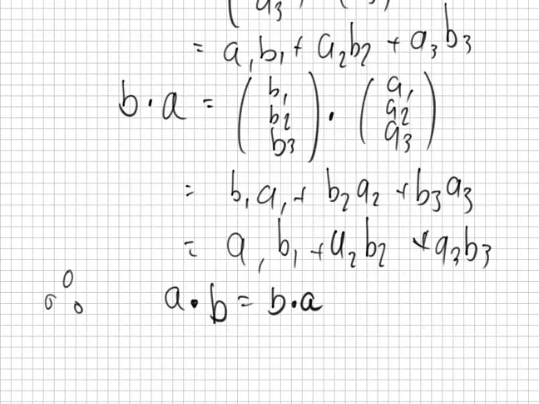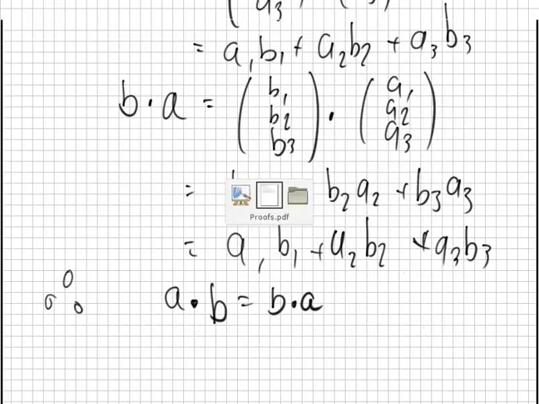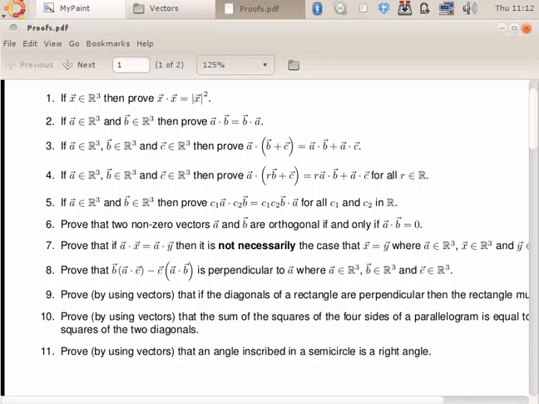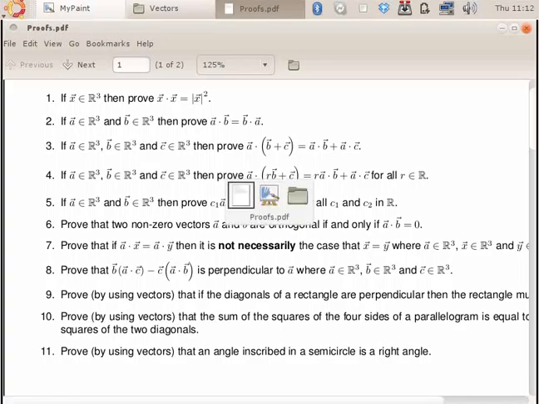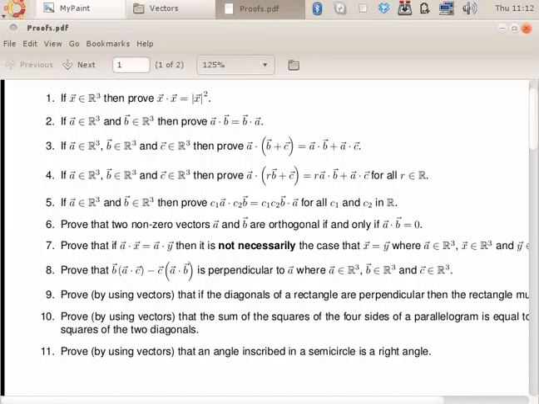Okay, so next one now. I would like, just for a minute or two, for you to try to do number 3, because I've done number 1 and 2, so you might get the idea of how these go.